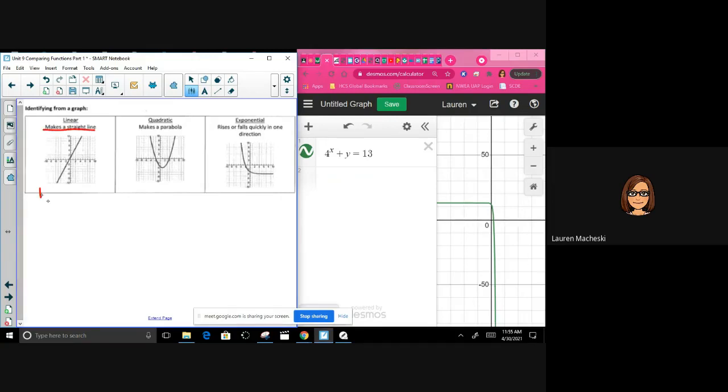Your straight line can either increase, which means it has a positive slope, or your straight line could decrease, which means it has a negative slope. But linear is going to make a straight line, whether it increases or decreases.